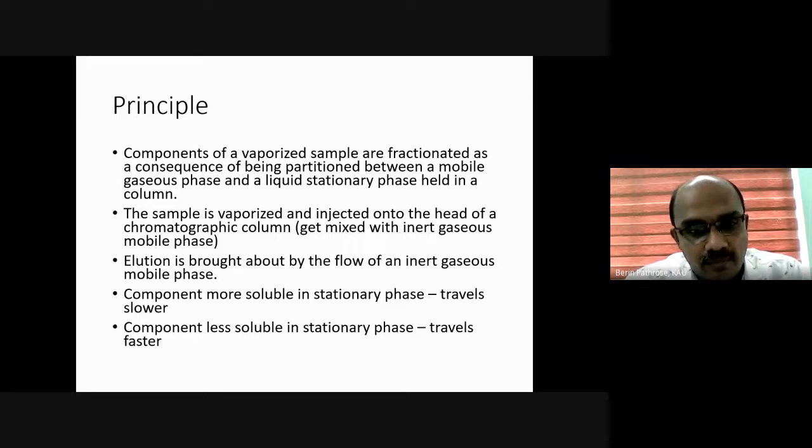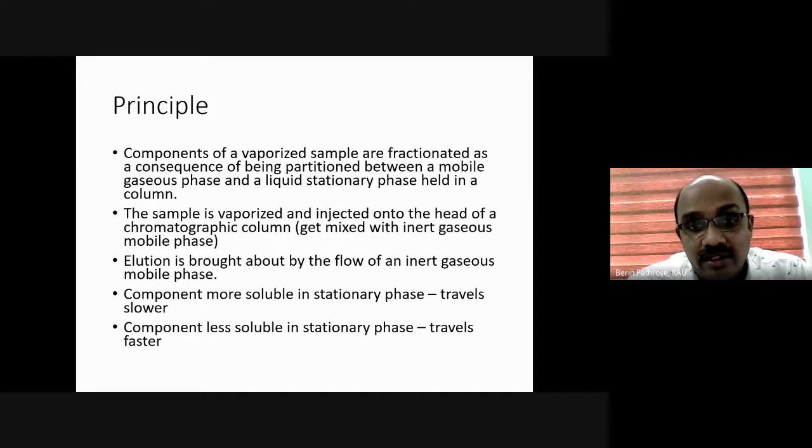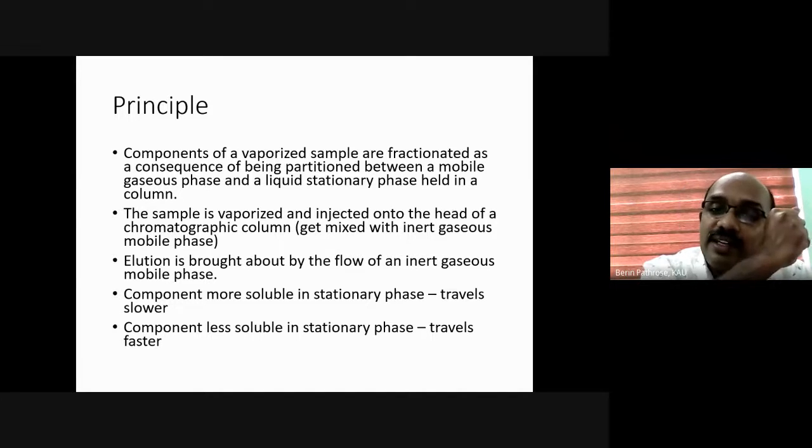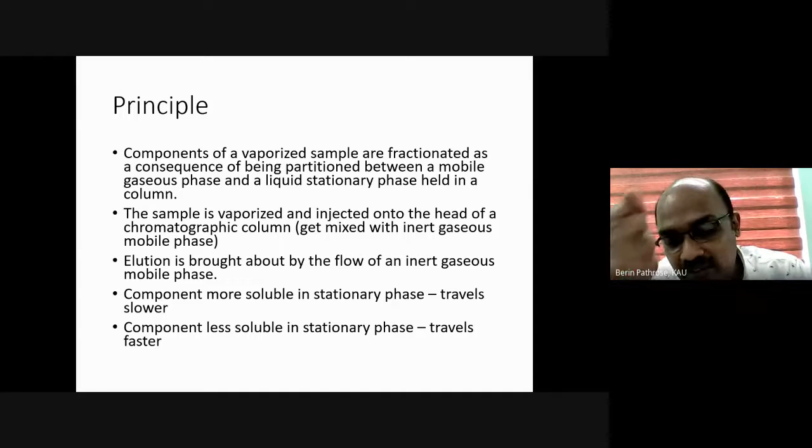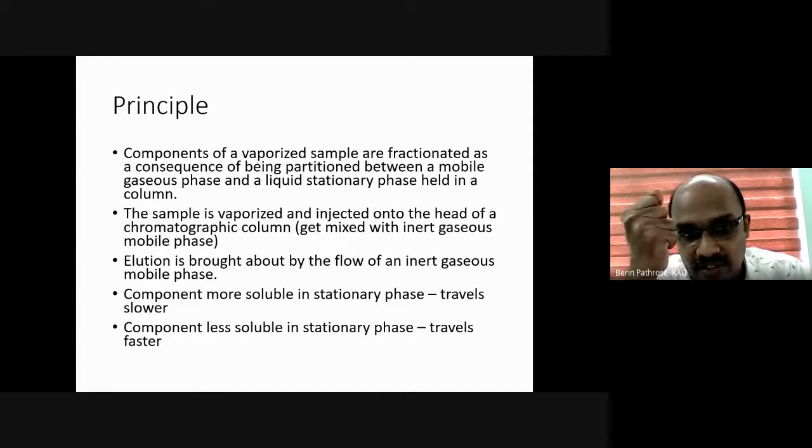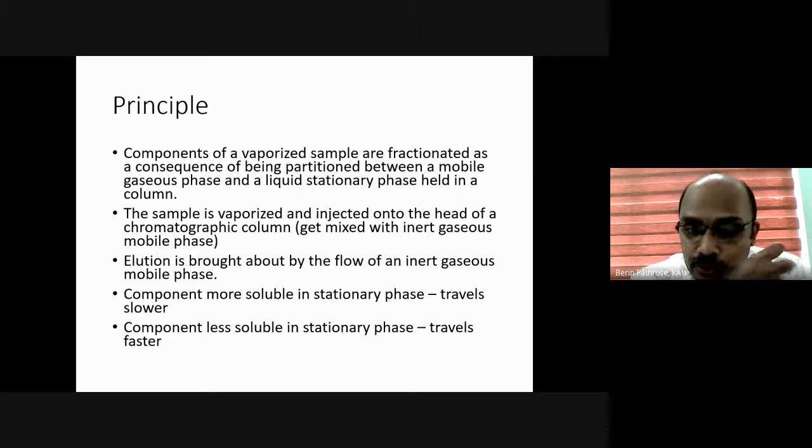And this is what I told. The sample will be vaporized first at high temperature, and this volatilized sample in the gaseous phase will be carried over by the mobile phase, that is a gas, through the stationary phase.